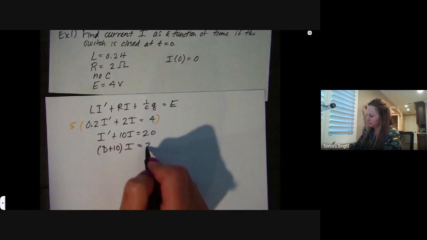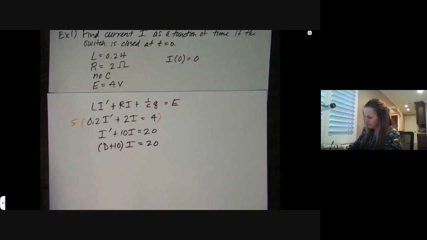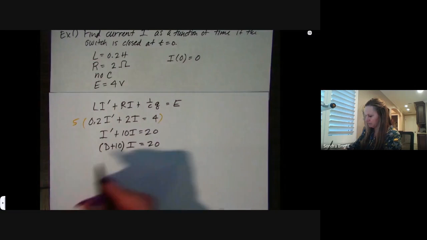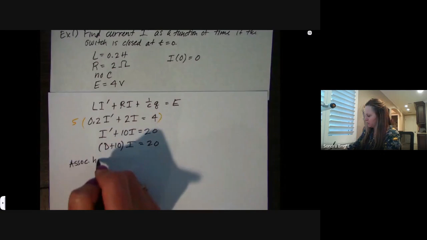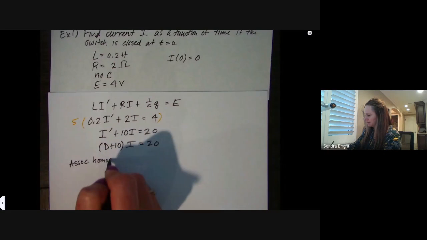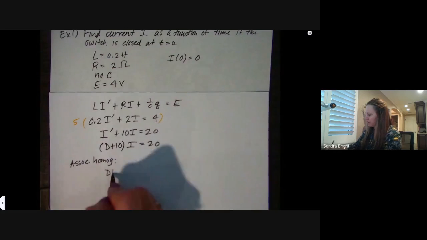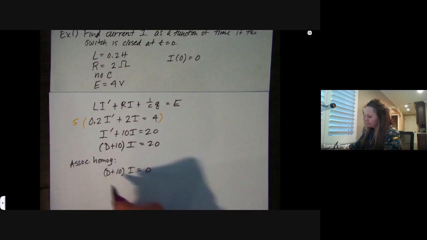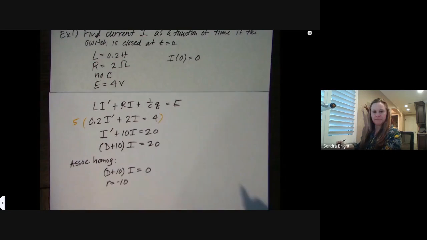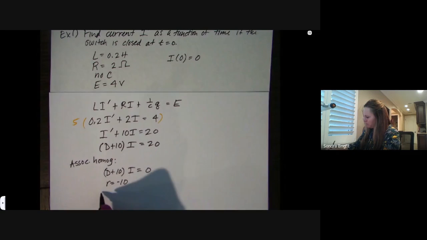How we solved this was we started off with the associated homogeneous equation, D plus 10 acting on I is equal to 0, where your r is negative 10. So the homogeneous solution would be C1 e to the negative 10t.